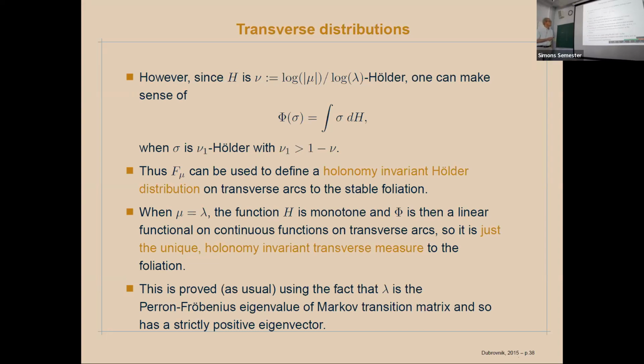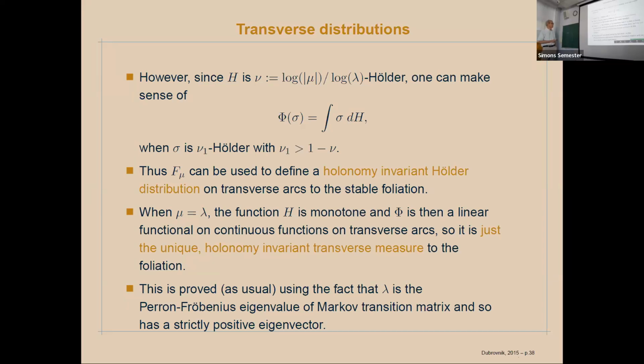All right, so the question is, what is it? What it is, is a Holder distribution. So we have this much Holder regularity in our distribution function. You can make sense of an integral like this if your test function is some Holder function with coefficient bigger than 1 minus mu, basically by writing down Riemann sums.